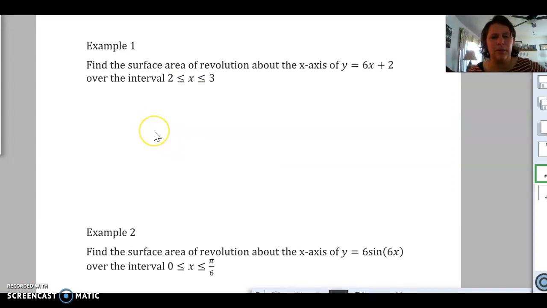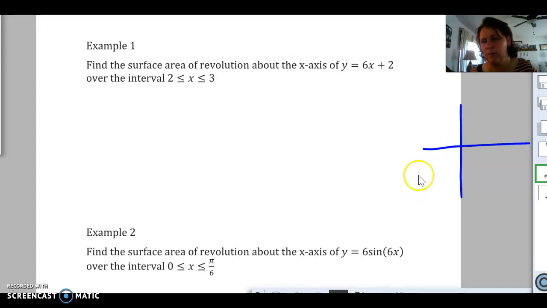All right, for example number 1, we need to find the surface area of the revolution about the x-axis of y equals 6x plus 2. So let's draw what our equation is going to look like. 6x plus 2, I'm just going to estimate it here.